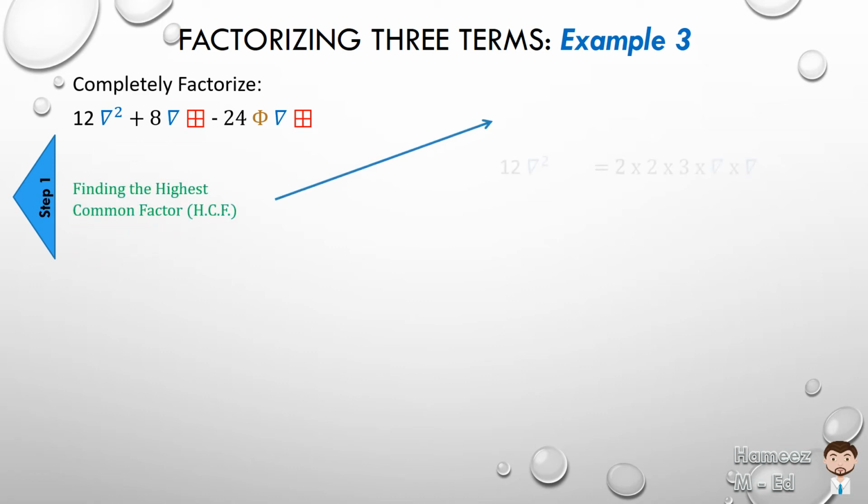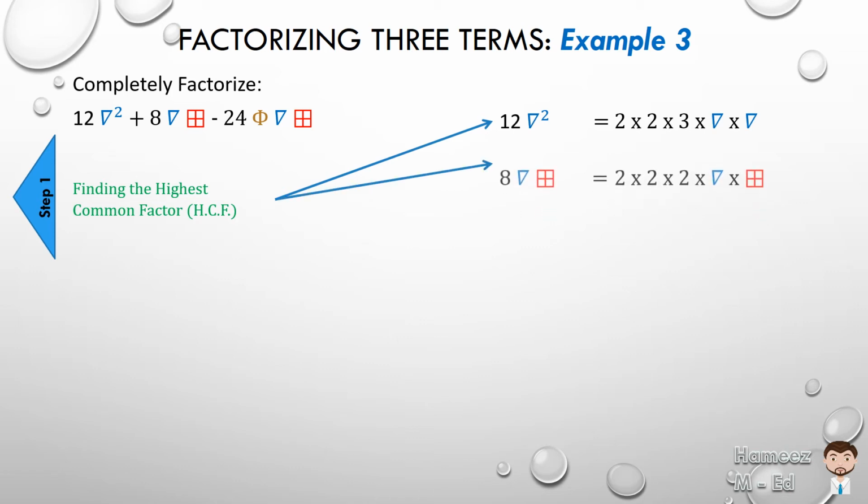We begin with the 12 triangle squared. Remember, we will be using prime numbers. This will be 2 times 2, 4, 4 times 3, 12, by triangle by triangle.